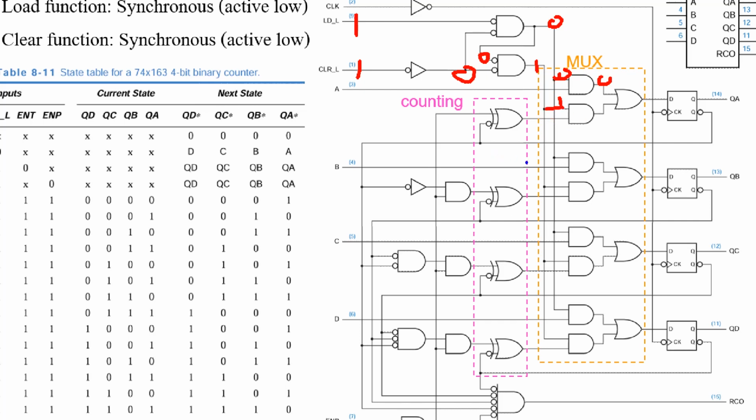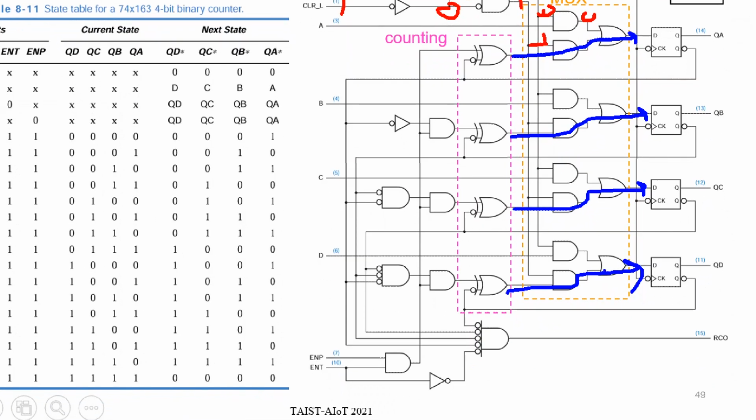That means data from here will be fed to here. This one also. Let's consider this one. It is connected to the output of this XOR gate. This one is active low, you can cancel them and treat it as QD.